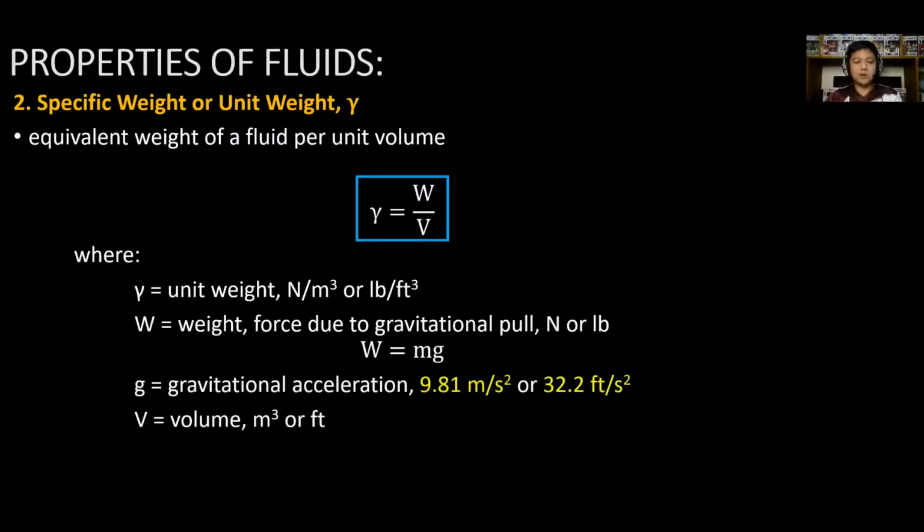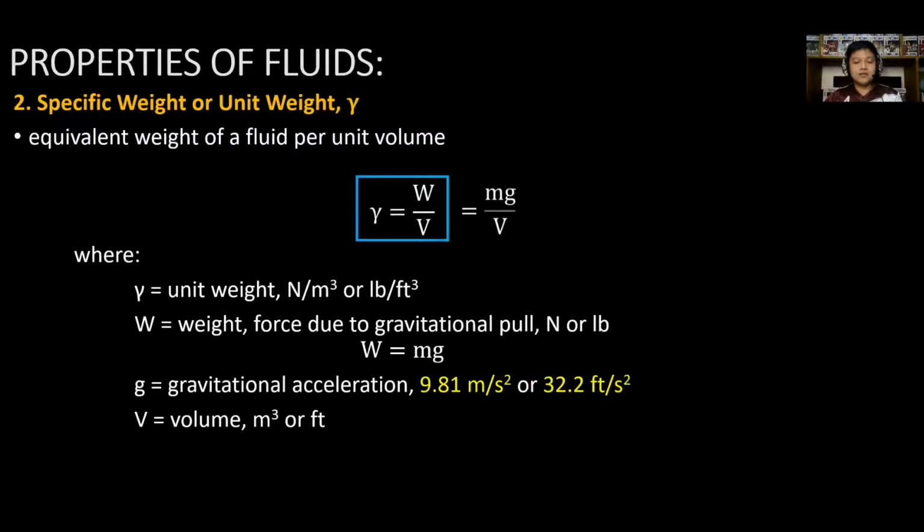W is equal to the mass times the gravity, wherein g is the gravitational acceleration, 9.81 meters per square second in metric, or 32.2 feet per square second in English. Again, V is the volume in cubic meter or cubic foot.